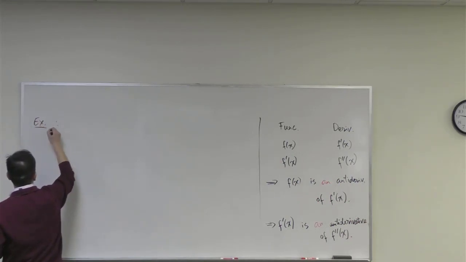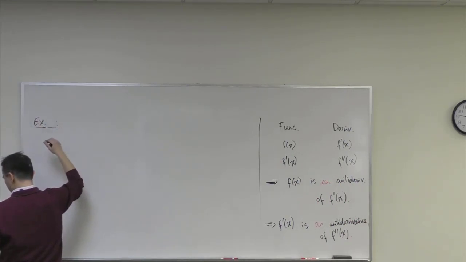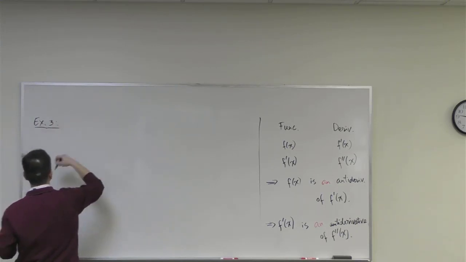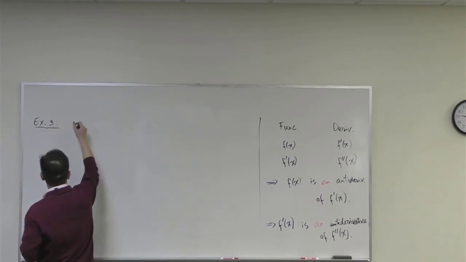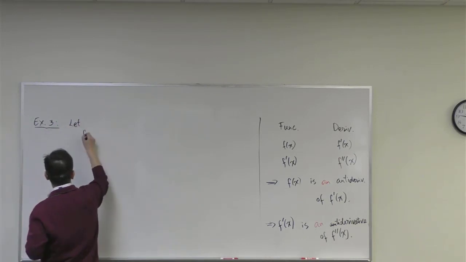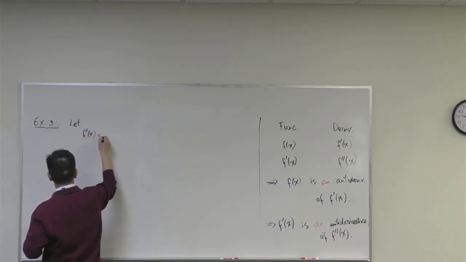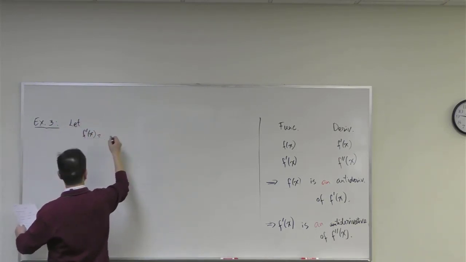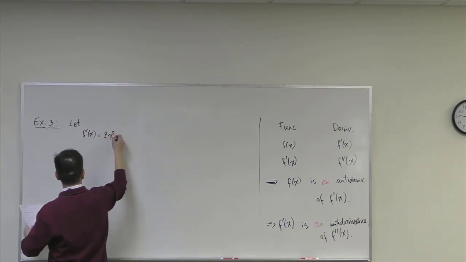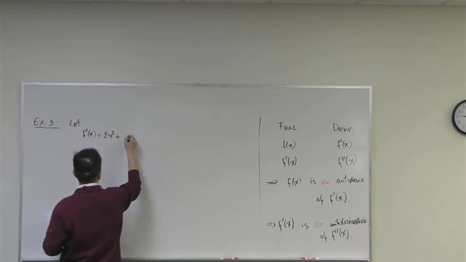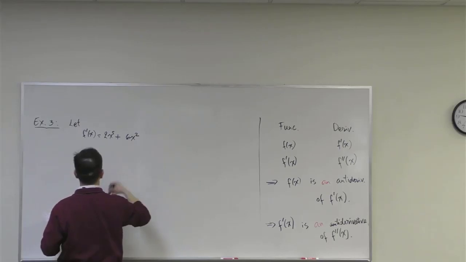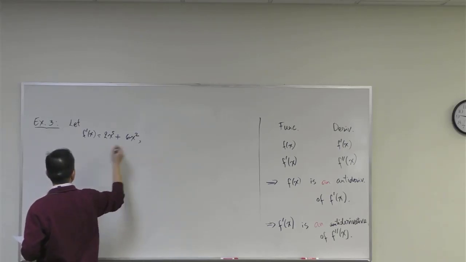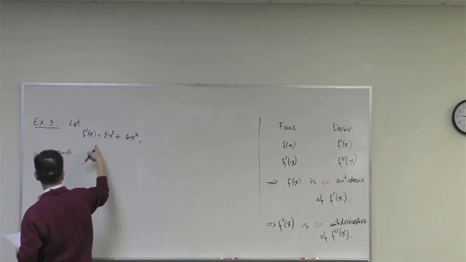From last time, let's say we call this example 3. So what I have here is f prime of x given as 2x to the fifth plus 6x squared. And that's one piece of information.